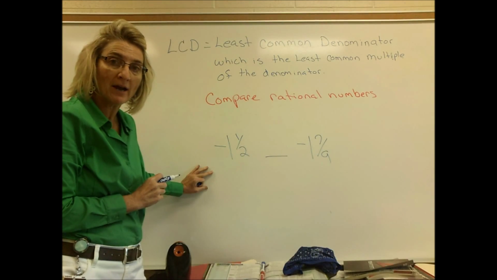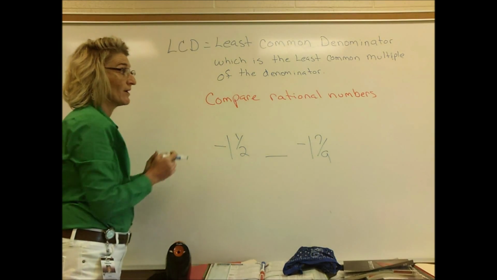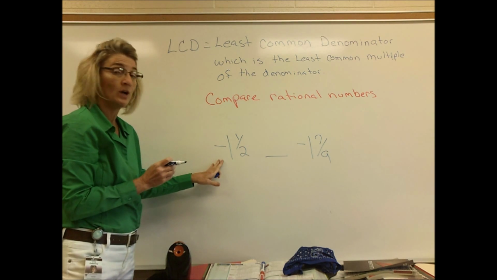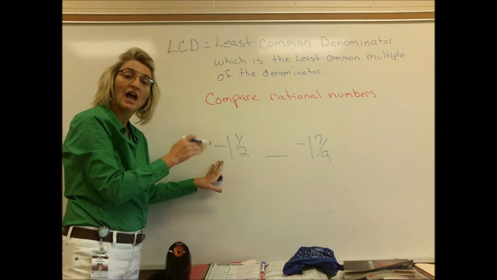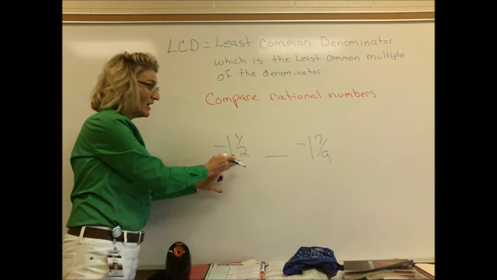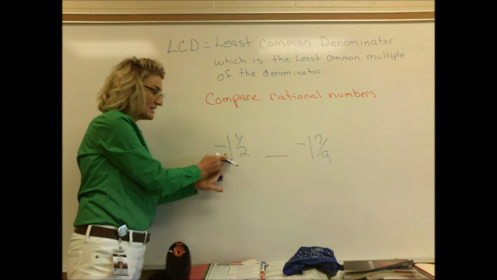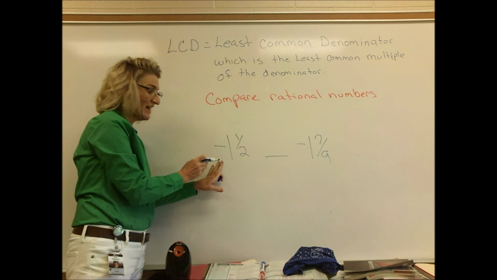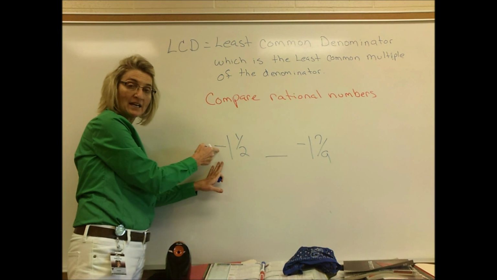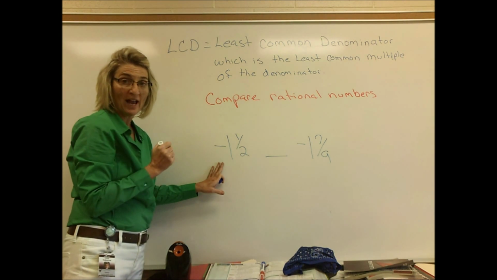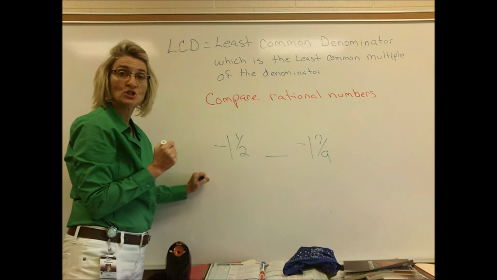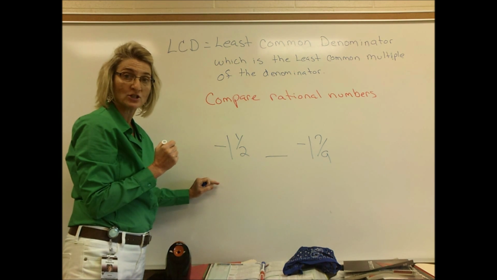Okay, now we're going to compare, less than, greater than, and equal to, these 2 rational numbers. Unlike the first one that I showed you, this is a mixed number. It's a whole number and a fraction, and it also is negative. The first thing we have to do is change everything into an improper fraction.